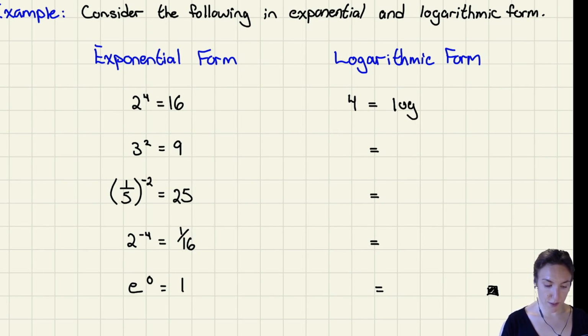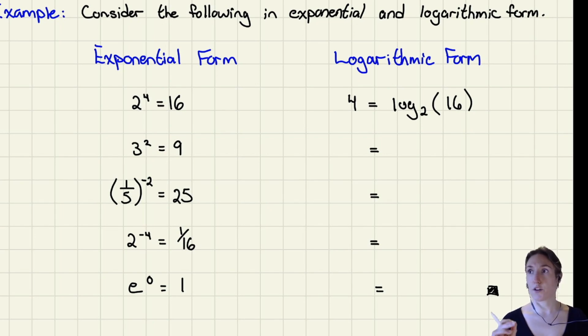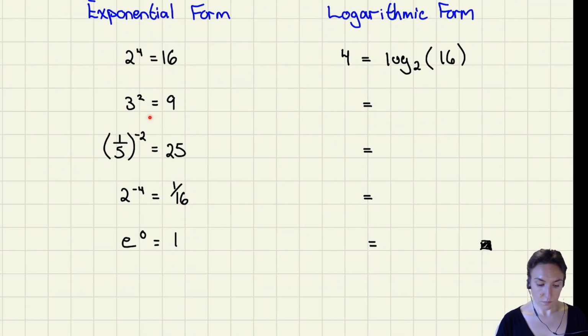This number here is the base, so this would be log base 2, and then whatever it's equal to on the right-hand side, so this is going to be log base 2 of 16. This form and this form are equivalent. They mean the same thing. It's almost like looking at exponents and radicals. They're equivalent notations. How would I write 3 to the power of 2 is equal to 9 in logarithmic form? 2 equals log base 3 of 9.